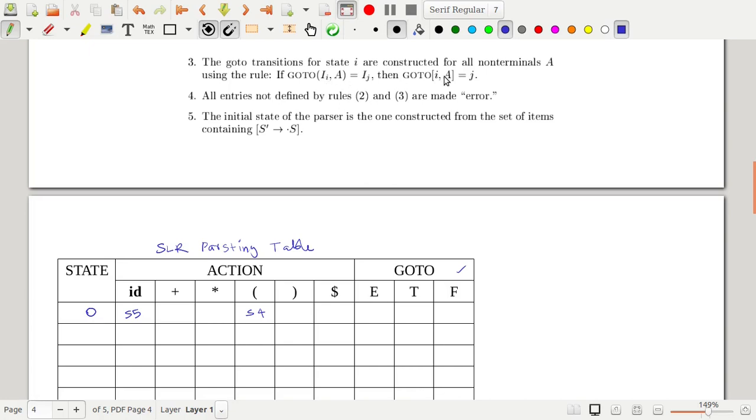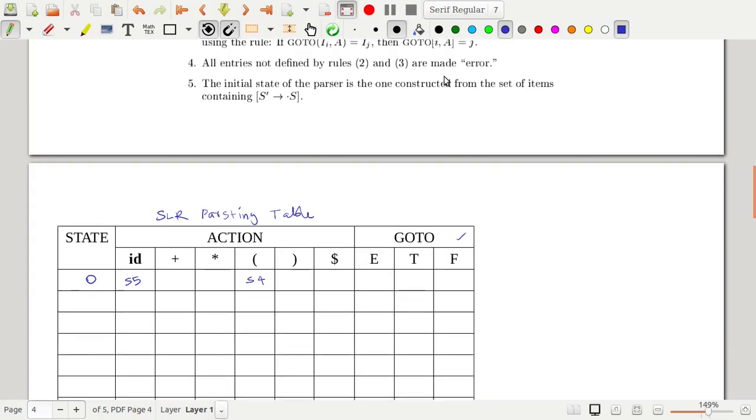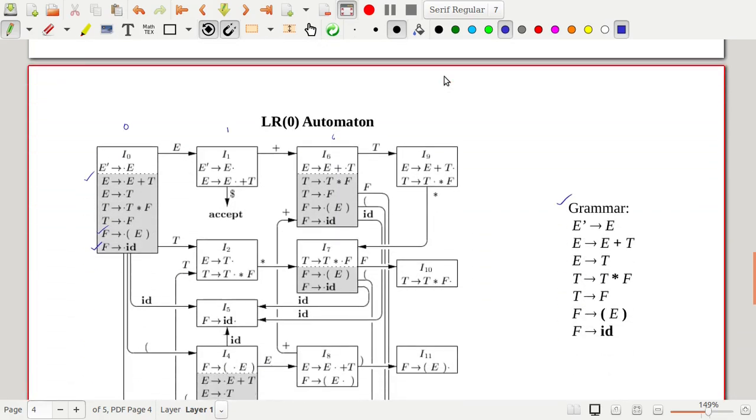So in this case first we can consider the non terminal E. So there is a transition like this: go to in our automaton, if we are considering this, go to of I0 comma E is equal to I1. From this automaton we will have go to of I0 comma E is equal to I1.